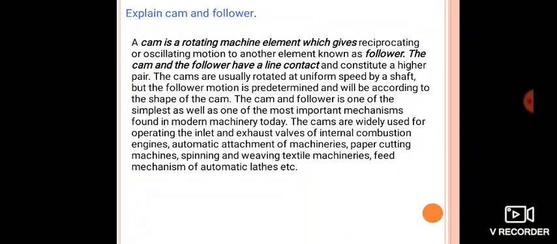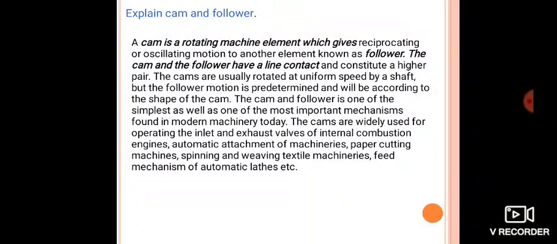They are also used in automatic attachments of some machineries: paper cutting machines, spinning and weaving textile machineries, and feed mechanisms of automatic lathes. So this is all about the explanation regarding CAMs and follower.